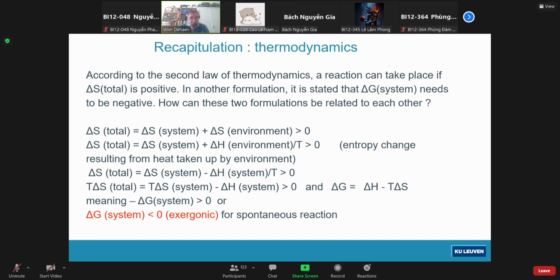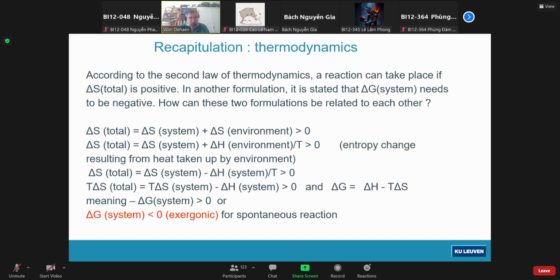Now we multiply everything by the temperature T, and then we get minus delta H plus T delta S of the system. That has to be larger than 0. If we multiply everything by minus 1, what we actually get is delta H minus T delta S is smaller than 0.